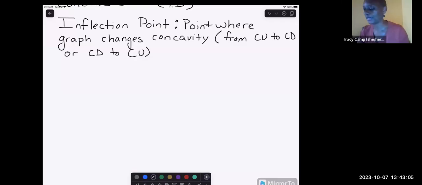Because basically, this is what the COVID graph looked like, the number of COVID cases. People became alarmed because this looked like an exponential curve. Concave up, right?